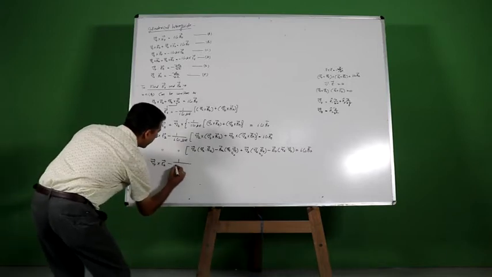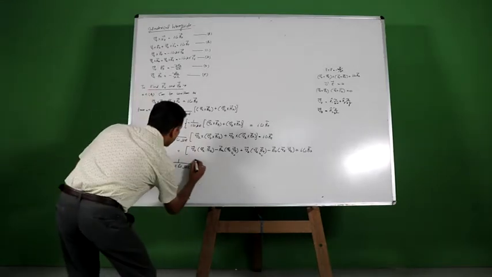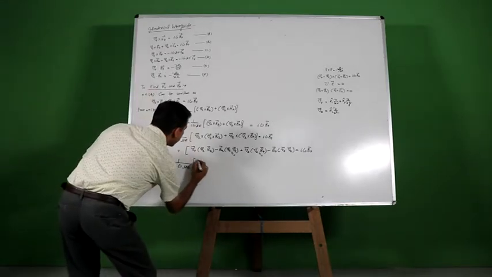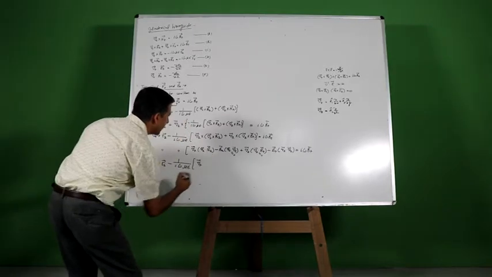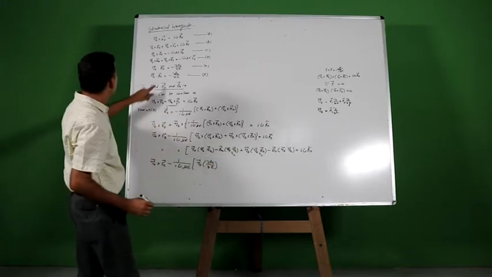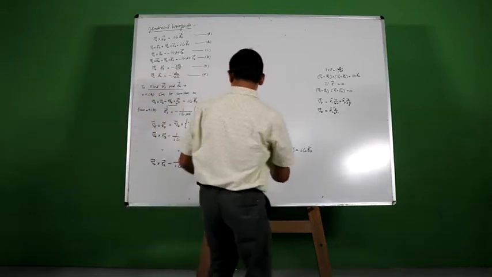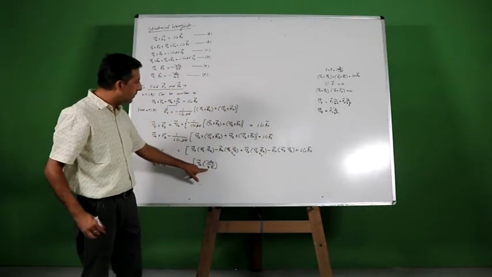minus 1 upon iota omega mu epsilon del T del z dot bz, that can be written as ∂Bz/∂z. I have told you this is del z dot bz. So how can this be written as del z dot bz is equal to ∂Bz/∂z?